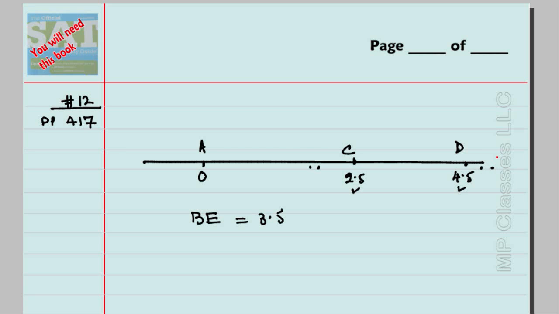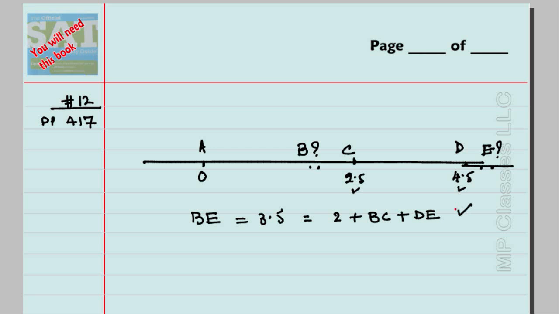We don't know where it would be, but what we do know is that B is somewhere here and E is beyond D somewhere here. So what do we know about BE equal to 3.5? We certainly know that it is CD, which is 2, 4.5 minus 2.5, plus BC plus DE.